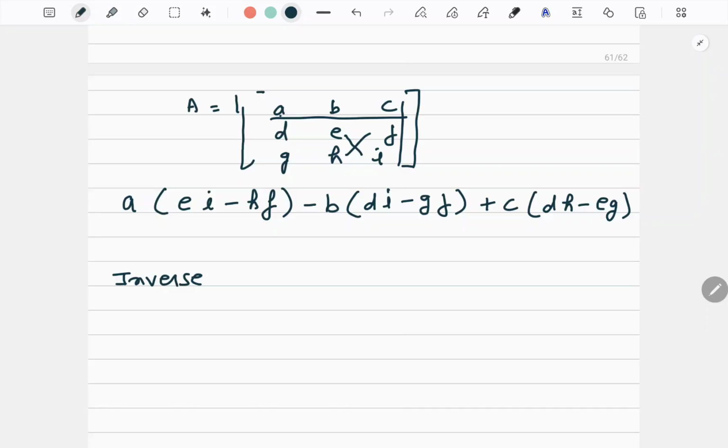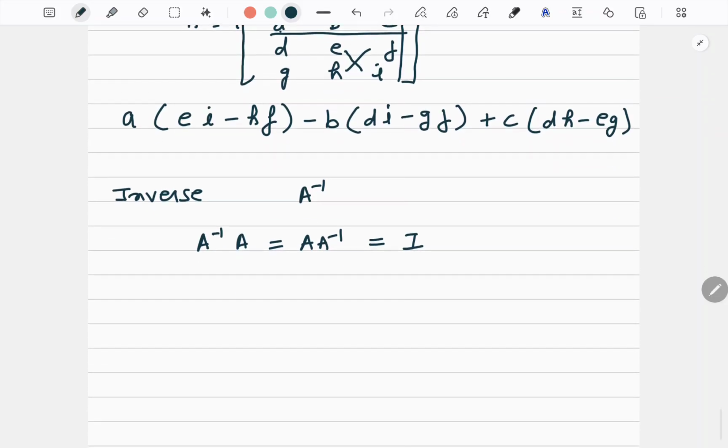So what is the definition of inverse? First of all, inverse is represented by this symbol, and this is called the inverse of A. A inverse A is equal to A A inverse, which is equal to the identity matrix. So you can say that if two matrices are multiplied and you get an identity matrix, then they are inverses of each other, right?